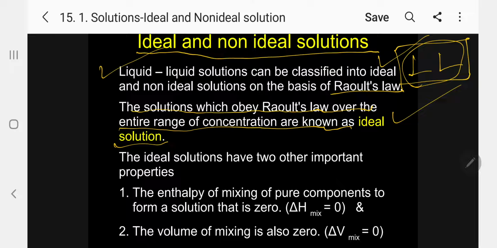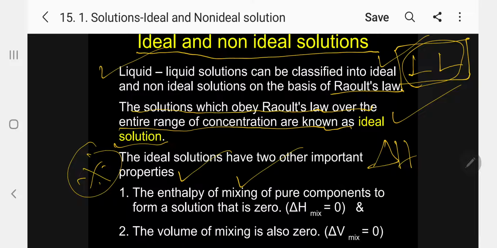So the ideal solution has two other important properties. What are these two properties? The enthalpy, that is delta H of mixing of pure components to form a solution, delta H mixing, equals 0.